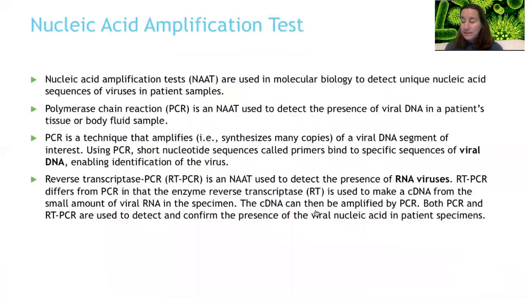Another one, the nucleic acid amplification test, the NAATs. These are things where we're looking for nucleic acids, RNA, DNA. And we said every virus is going to have some sort of genome, RNA or DNA. Well, hopefully we mentioned in previous biologies, but if you didn't, there's something called PCR, the polymerase chain reaction.